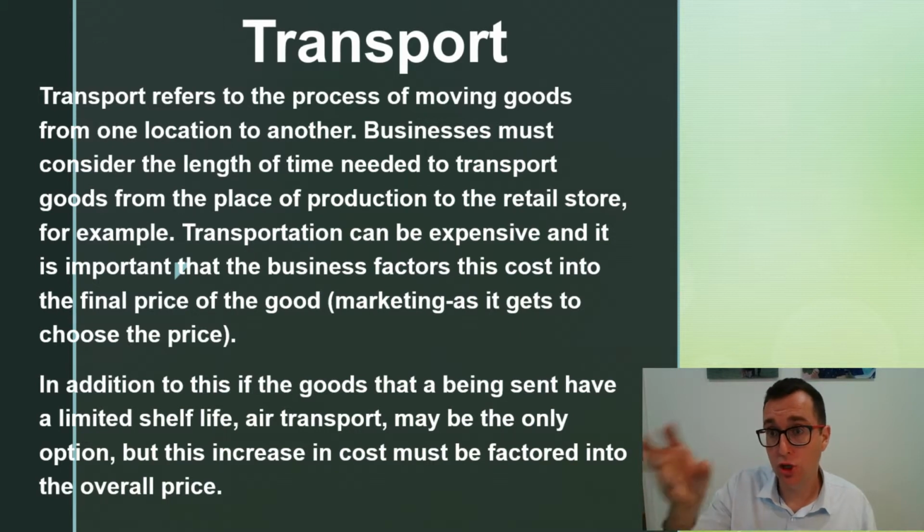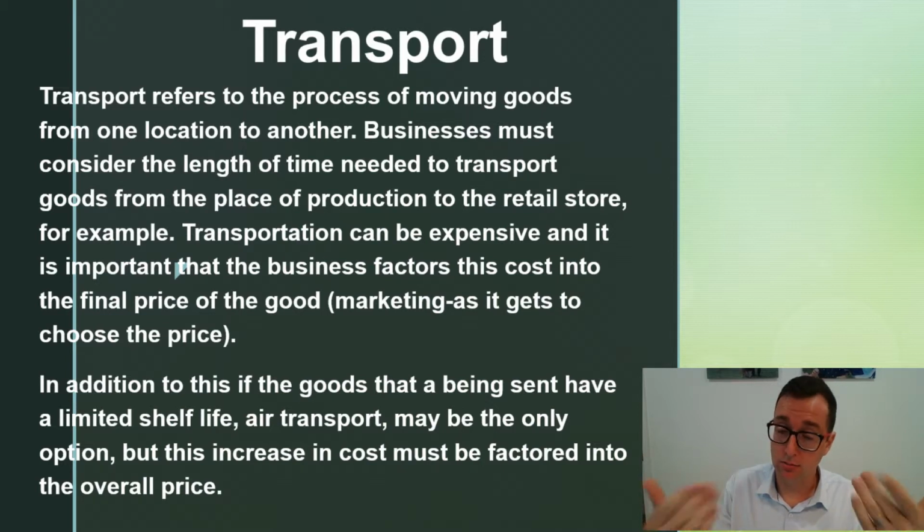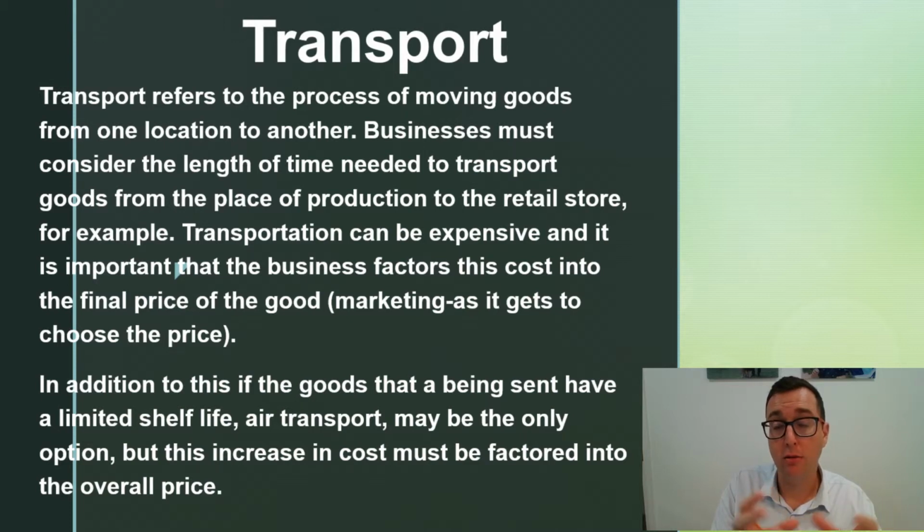If I get on a container ship, it might take four or five weeks. It's an expensive product that may go off. It has a spoil date. It's perishable. Let's say it goes off after a week.